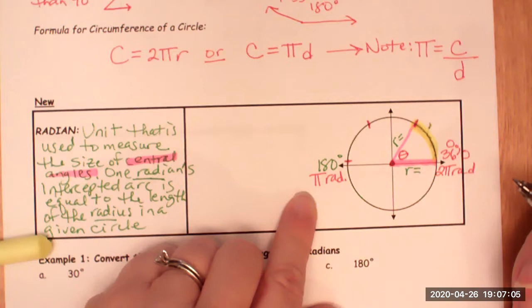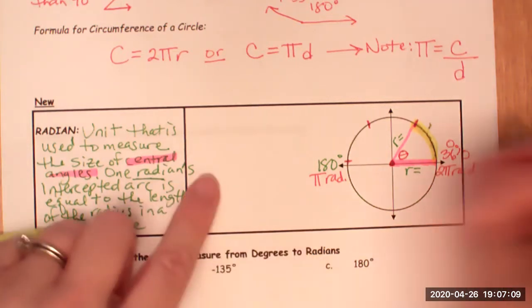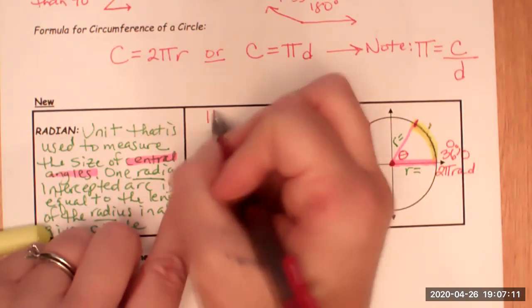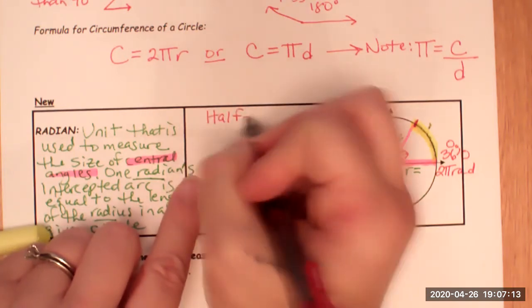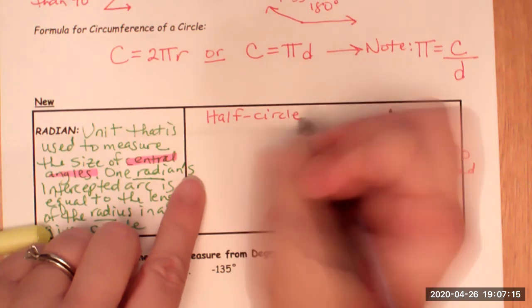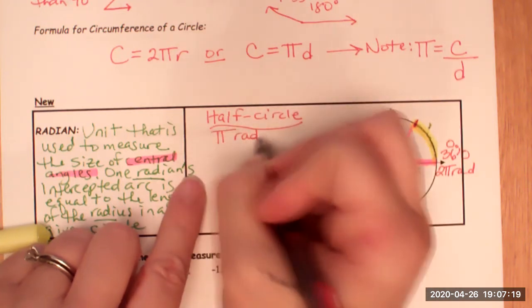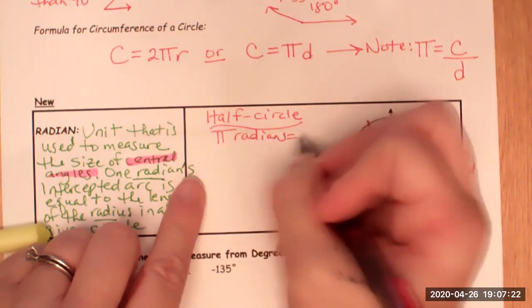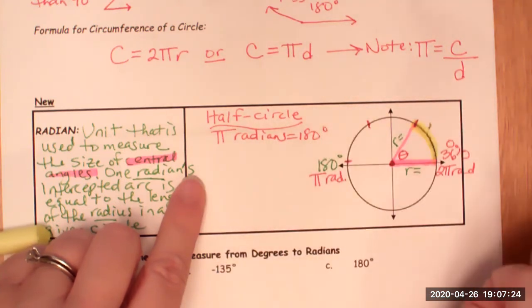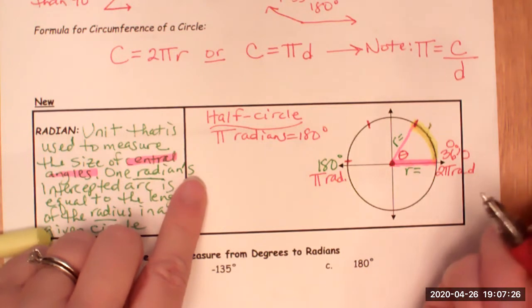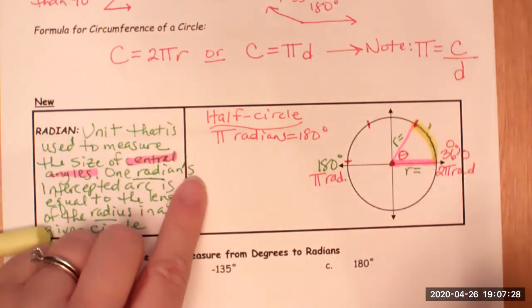So what we've learned is that for conversion purposes, a half circle is equivalent to pi radians or 180 degrees. It's basically conversion, just like converting between feet and miles or inches and centimeters. We're just converting between two units here.